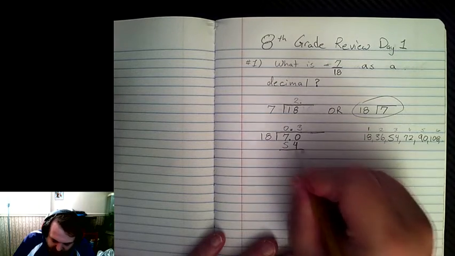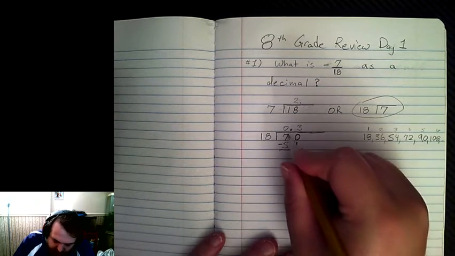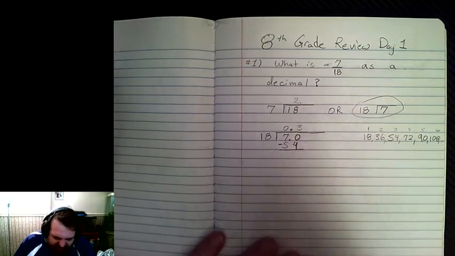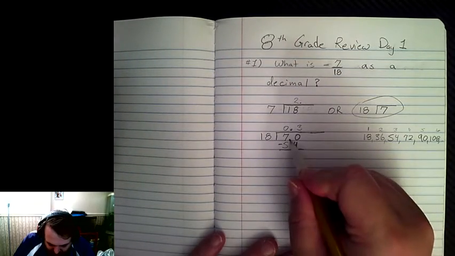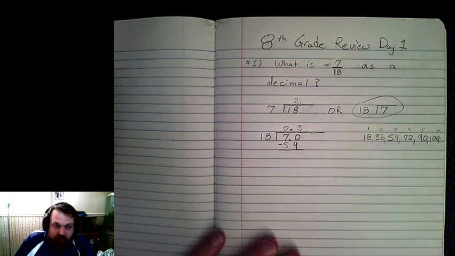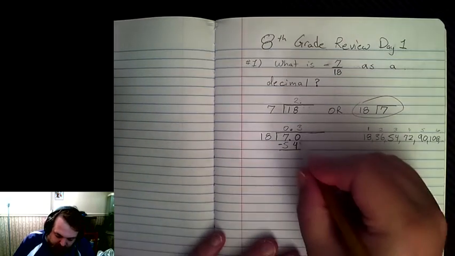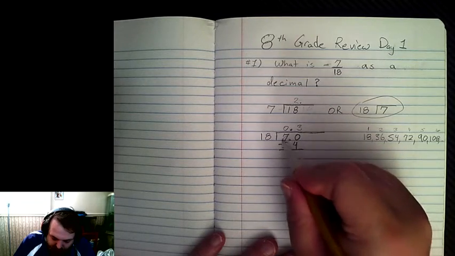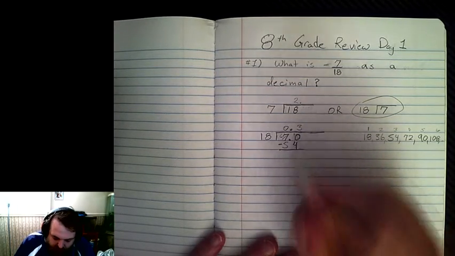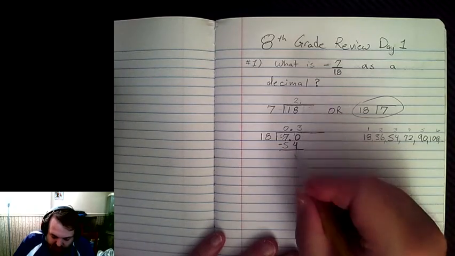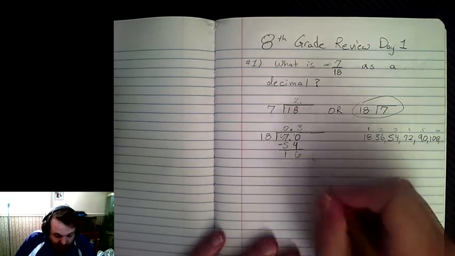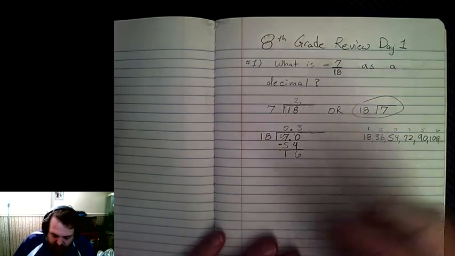And then we're going to subtract 54 from 70. So kind of ignore that decimal. That decimal is so that we know where the decimal is in our answer. So 70 minus 54, we do this. So 10 minus 4 is 6. 6 minus 5 is 1. So this is a chance for a check.